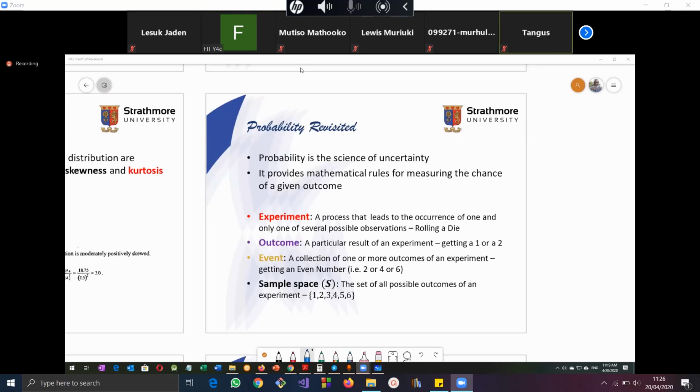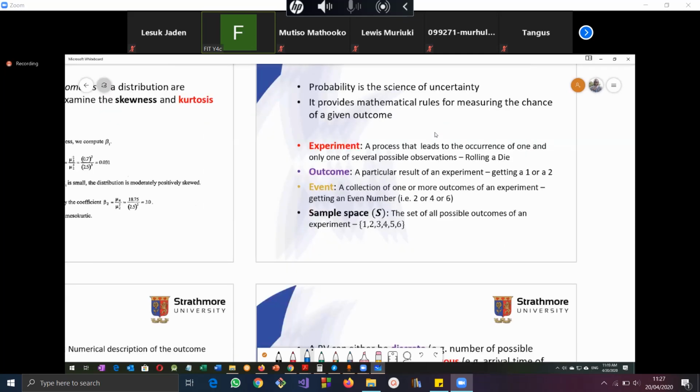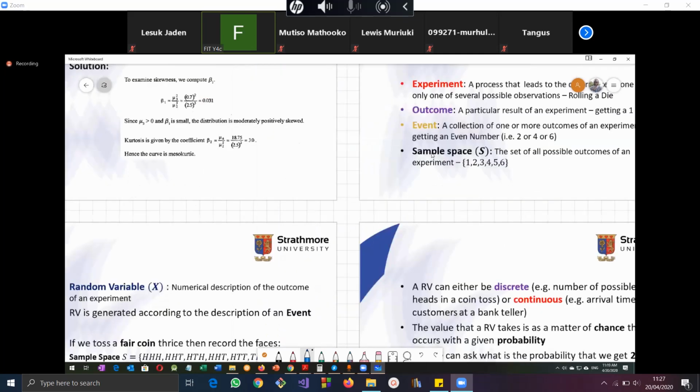So when you run an experiment, you won't get all the outcomes, but a domain, a limit on all the outcomes that you can get. And that's going to be important as we move forward.